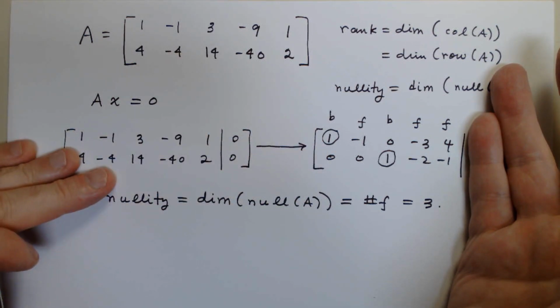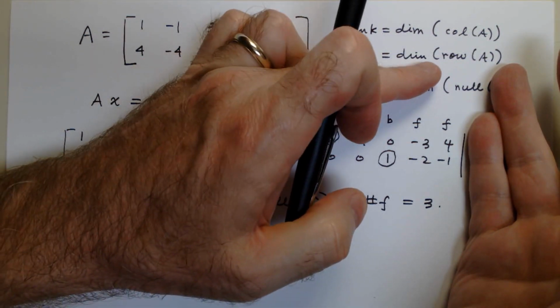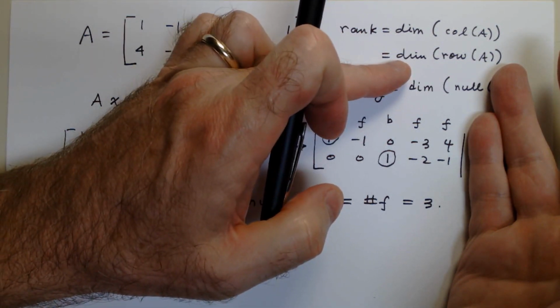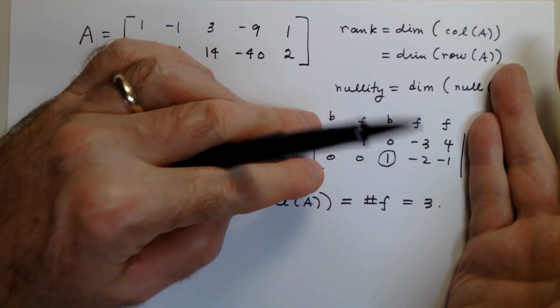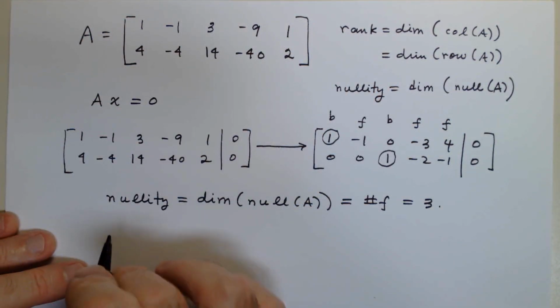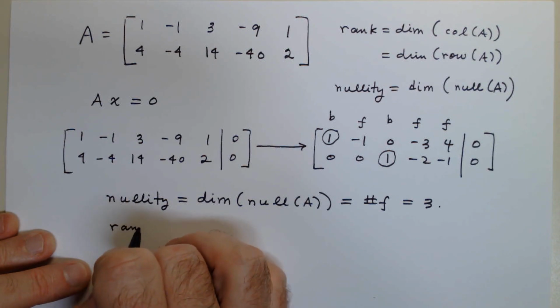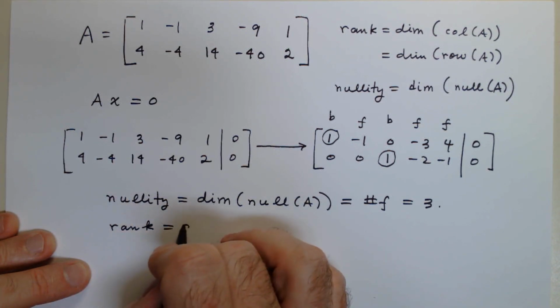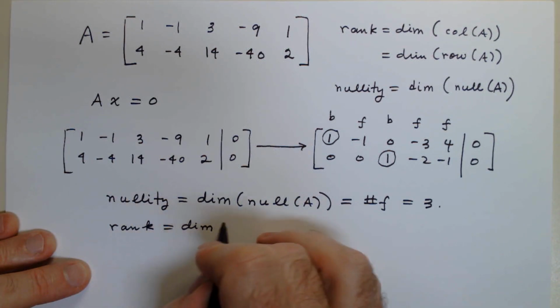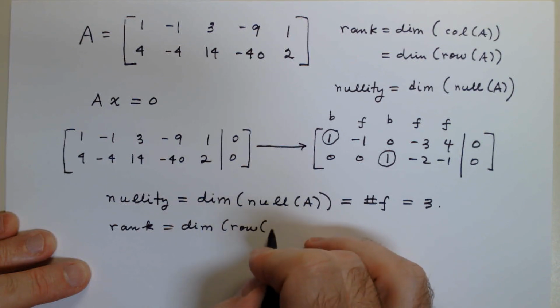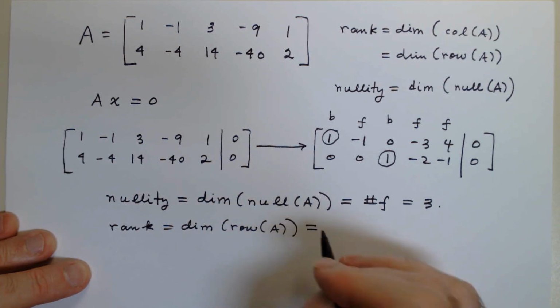These two rows will form a basis for the row space, and so the dimension of the row space is simply 2. So in this case, the rank, which we're thinking about as the dimension of the row space, is going to be 2.